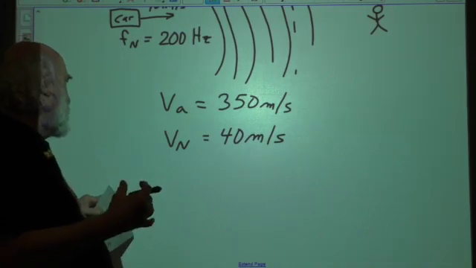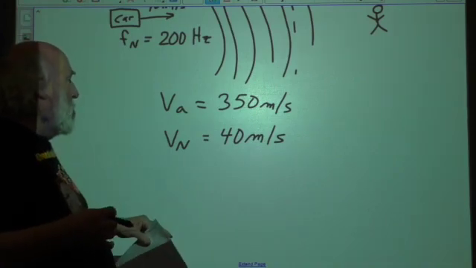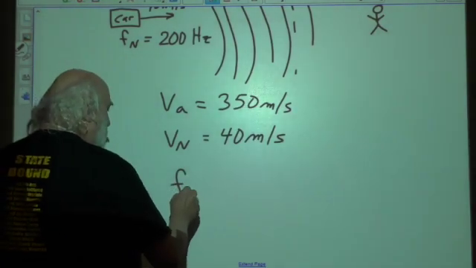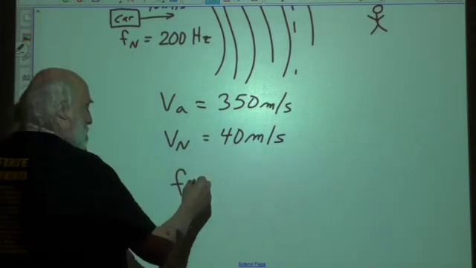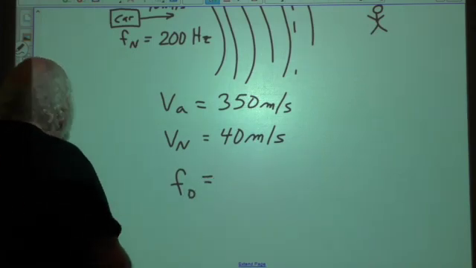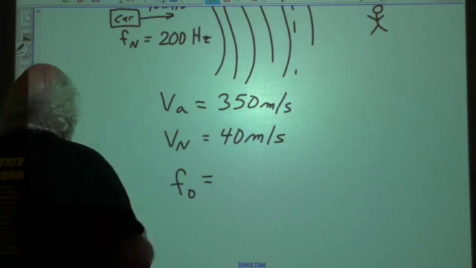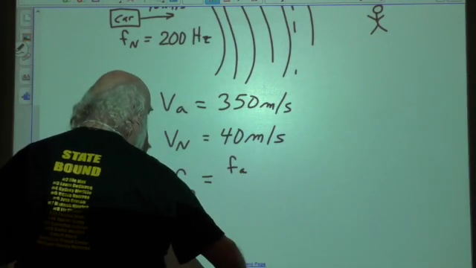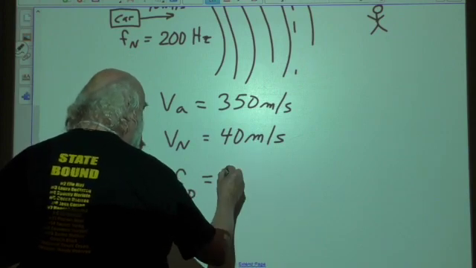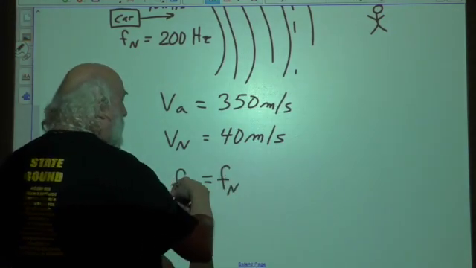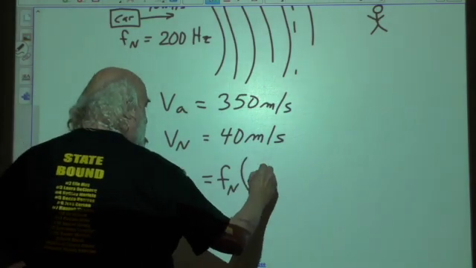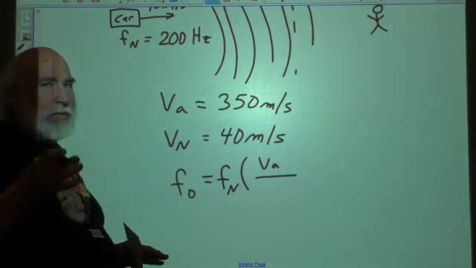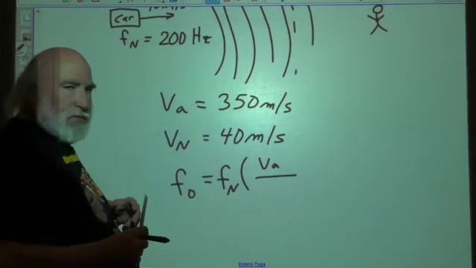And so the relationship between the velocity of air and the velocity of the noise comes into play by using this formula. V sub O, which is the frequency of the observer, is equal to the frequency of the noise that's being emitted times the velocity of air over, and since we know it's going to be larger, this is something to keep in mind when you're using these formulas.